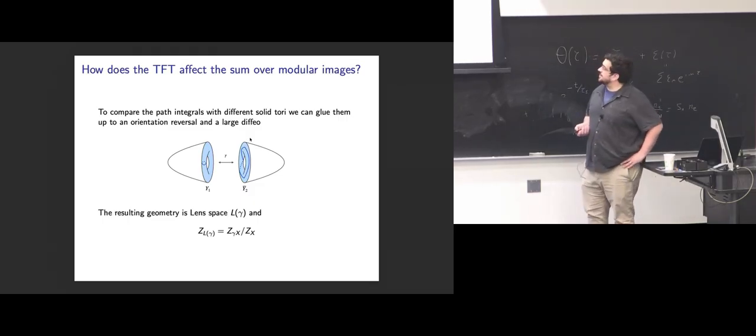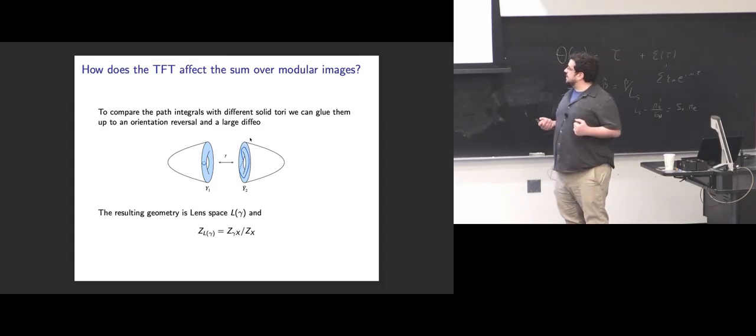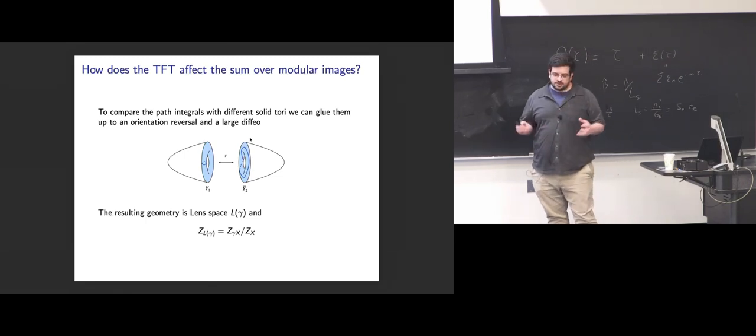The way to detect this effect is, like I said, these field theories are better defined on closed surfaces. So the best way to compute them is usually to construct a closed surface out of the open one that you have.